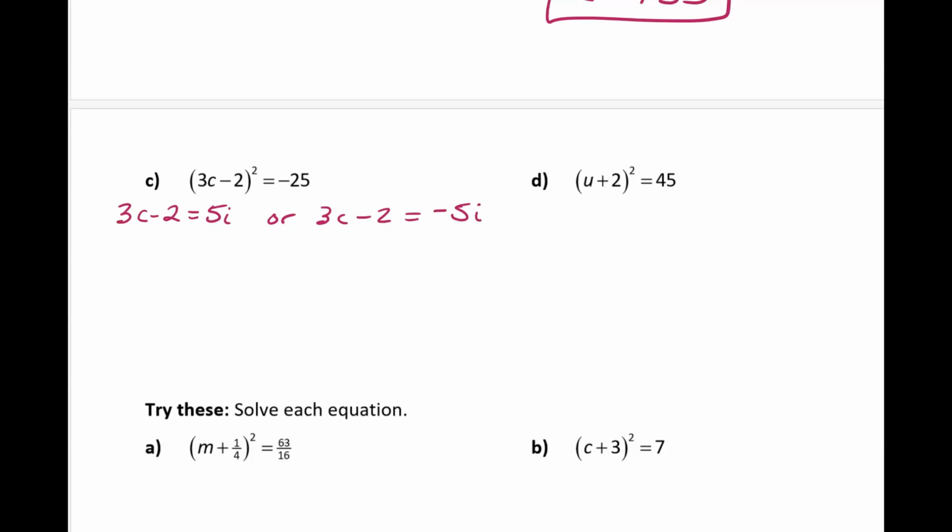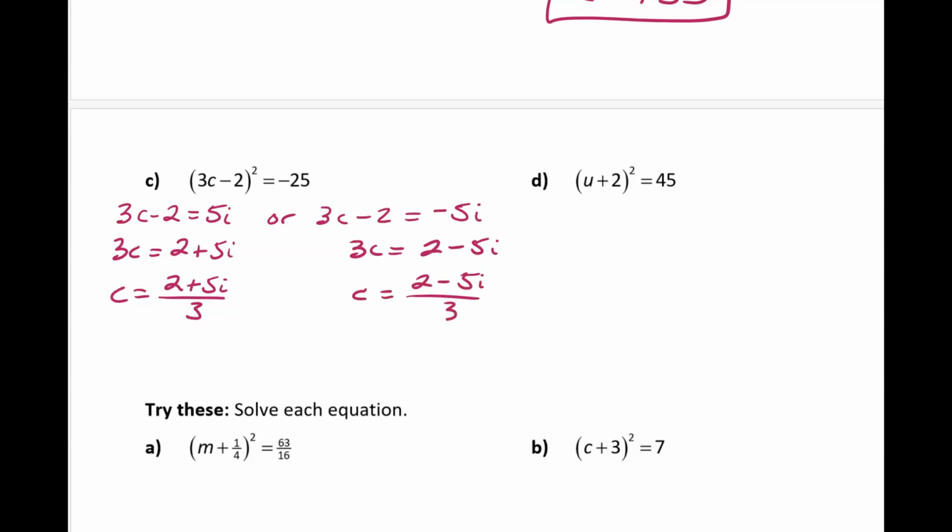In order to solve for c for the first equation, we'll need to add 2, so 2 plus 5i, and then divide by 3. c is equal to 2 plus 5i over 3. And for our second equation, similarly, we're going to add 2. That's going to give us 2 minus 5i, and divide by 3 again. So the solution set contains 2 minus 5i over 3 and 2 plus 5i over 3.